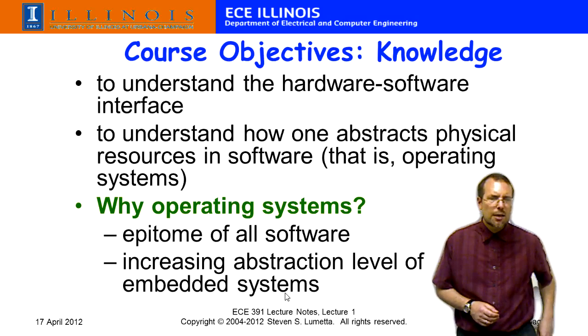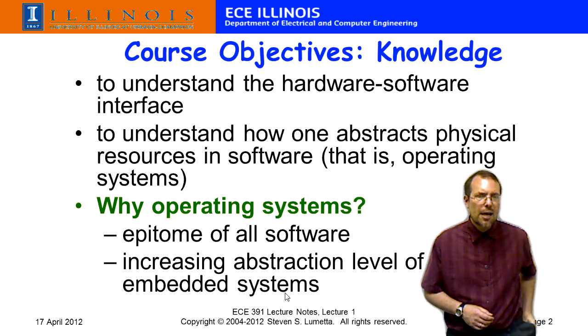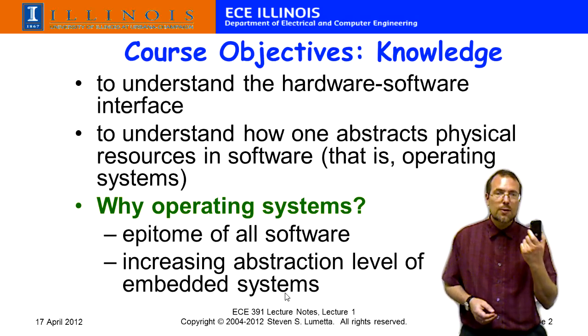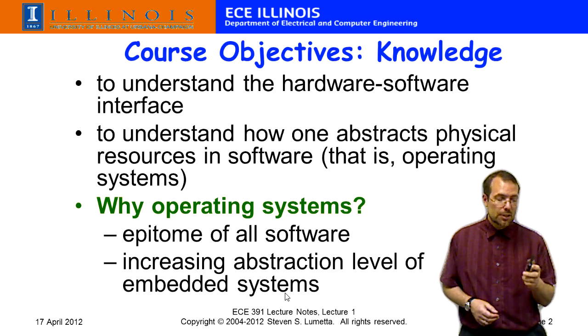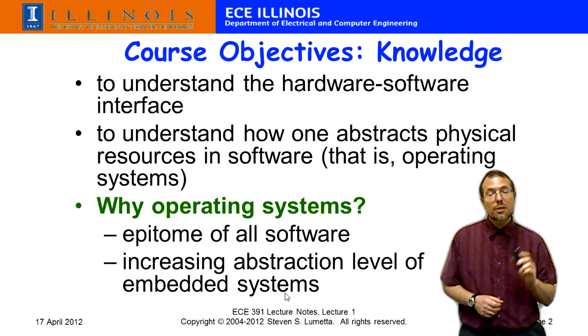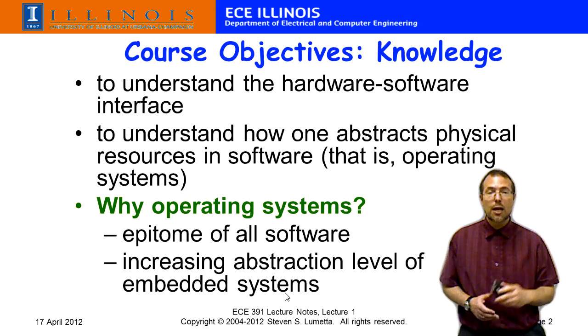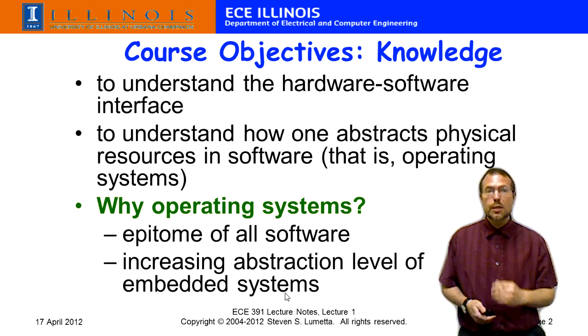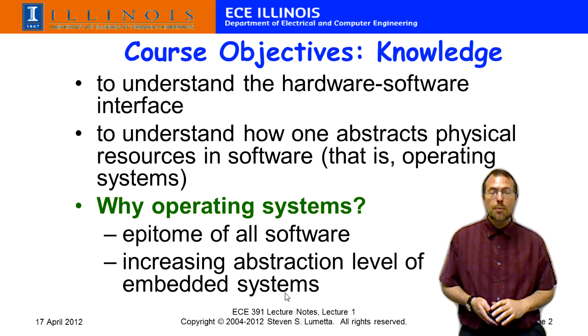The second reason is that today there's an increasing abstraction level of embedded systems. So this is my phone. It's not a smartphone. It's kind of an old phone. It's not actually running an operating system, but your phone probably is. 5 years ago, your phone probably wasn't. It was probably more like this, not running an operating system. Today, the processors in your automobile are probably not running operating systems.